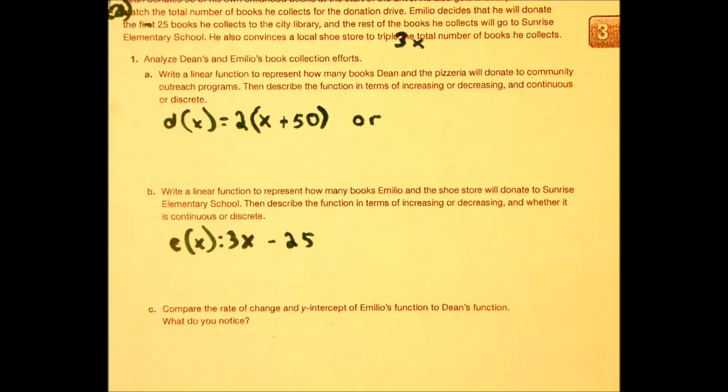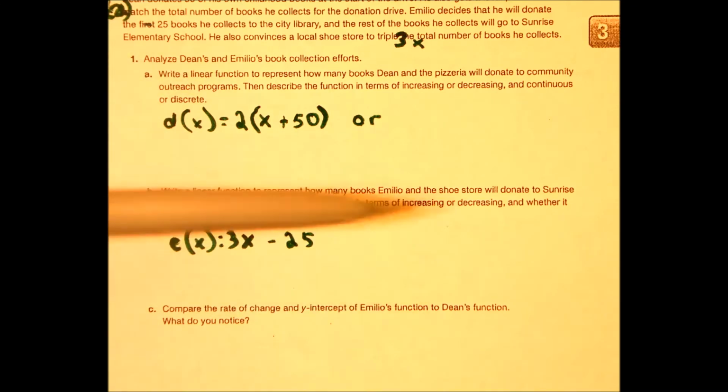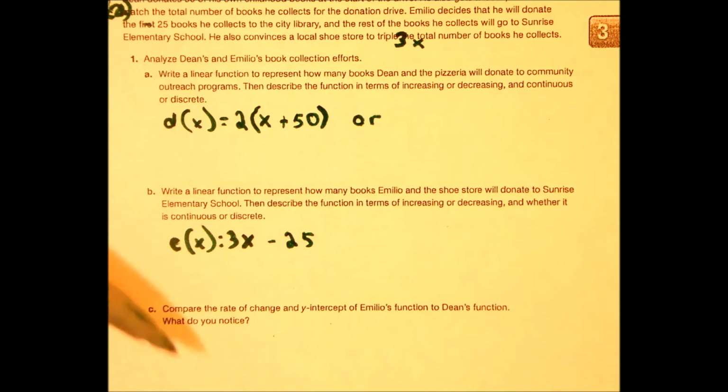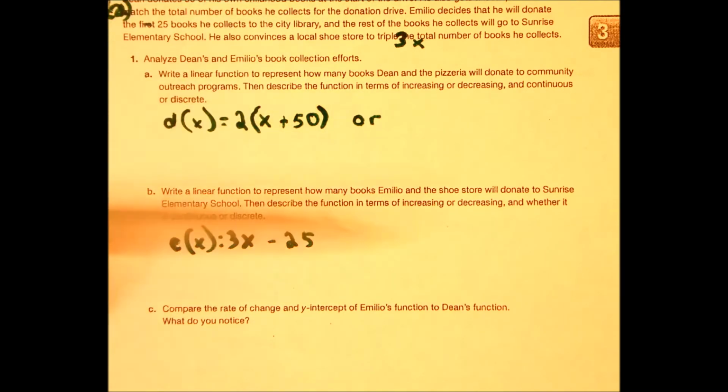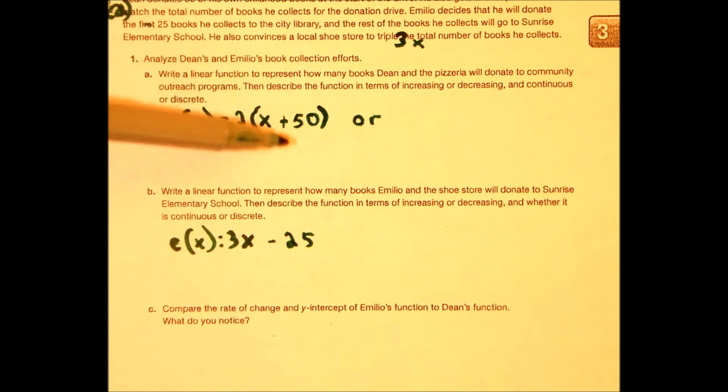And then we have to look at what would be rates of change. Which one has a higher rate of change? That's the problem C here. So we're comparing the rate of change and y-intercept for Emilio's function and Dean's function. And what should you notice? Okay. Who's going to start out with more books? Correct. Dean is going to start out with more books. He'll start out with 100.